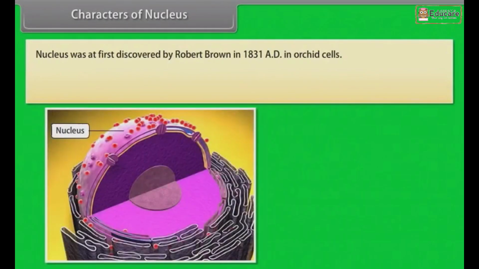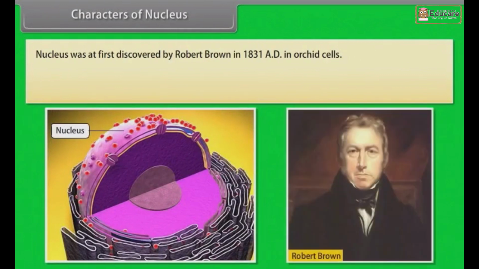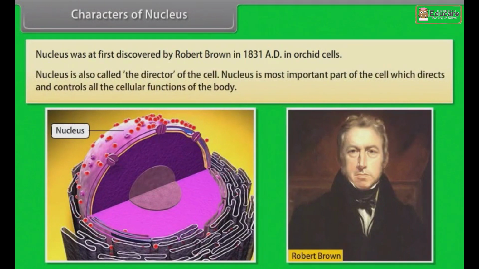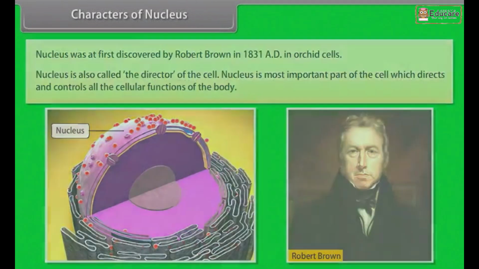Characters of nucleus. Nucleus was first discovered by Robert Brown in 1831 AD in orchid cells. Nucleus is also called the director of the cell. Nucleus is the most important part of the cell, which directs and controls all the cellular functions of the body.